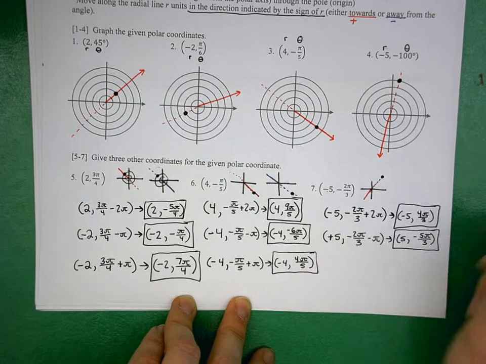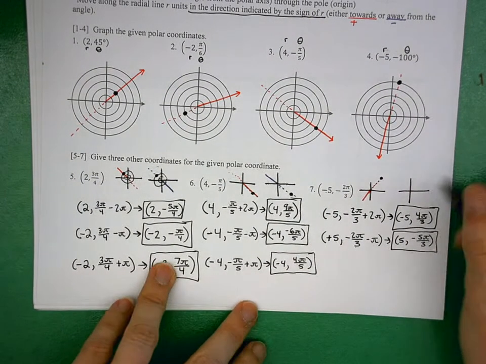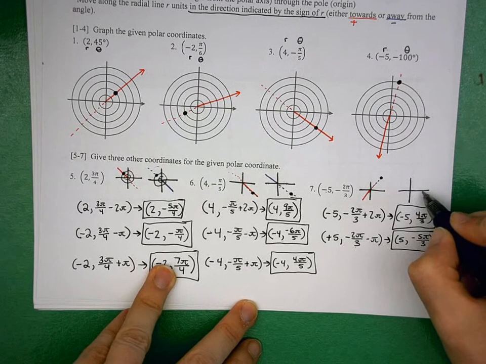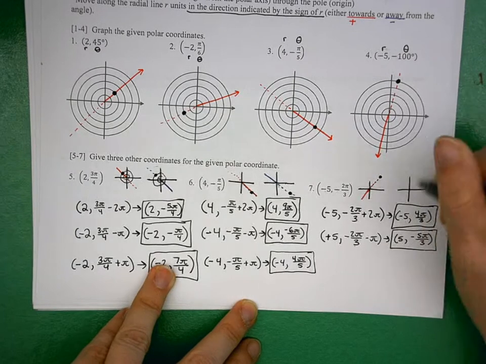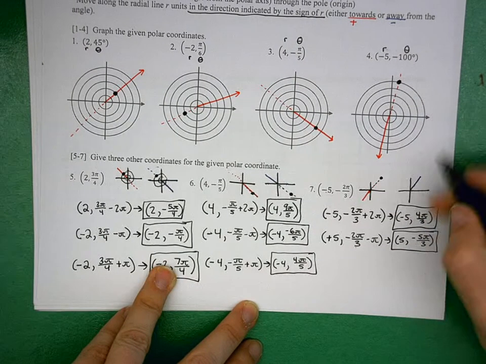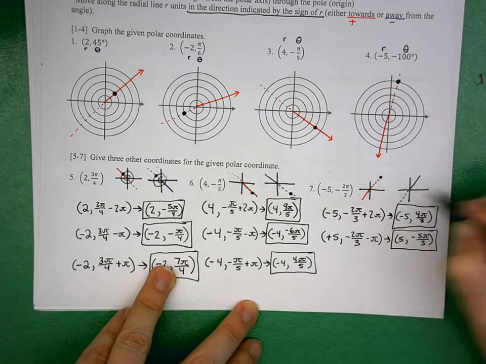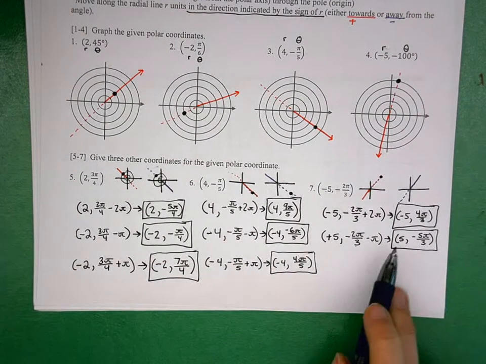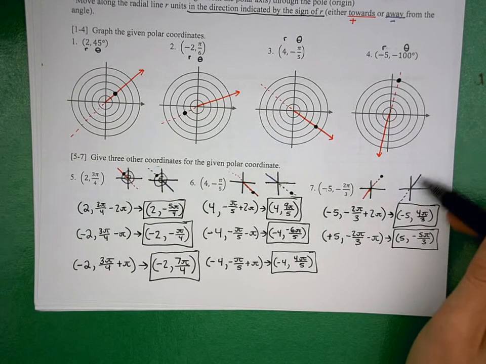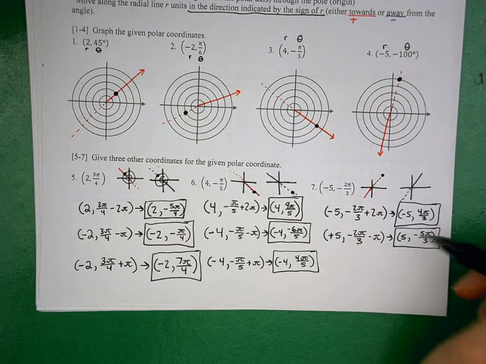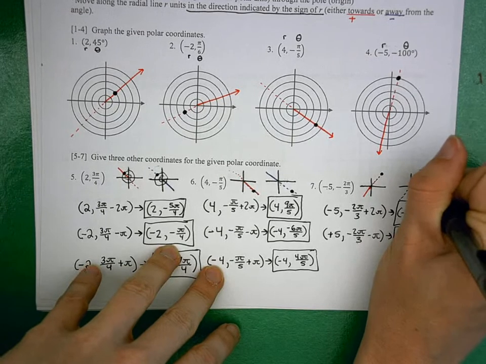Checking our angle here, negative 5 pi over 3 is going clockwise around our unit circle, so it would go all the way to the first quadrant. It's not quite negative 6 pi over 3, which would be negative 2 pi. And then extending that all the way down here, so we're here. And then 5 out, it's positive, so we're going along that radial line. So I'm not going to move down here, I'm going to stay up on the radial line. And then it's 5 out in that direction, so 1, 2, 3, 4, 5. Same coordinate point.